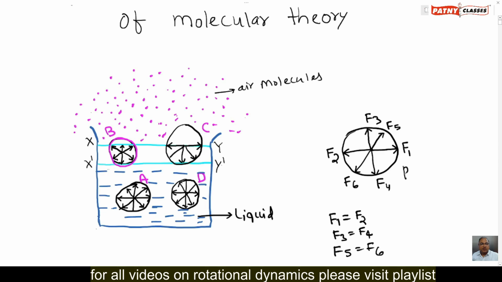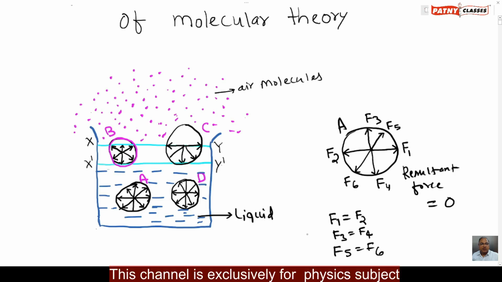So the resultant force acting on molecule A is equal to 0. This is molecule A. Therefore, the molecule is under stable condition. It is under balanced condition. Whenever a body is acted upon by 0 force, we say the body is under balanced condition.